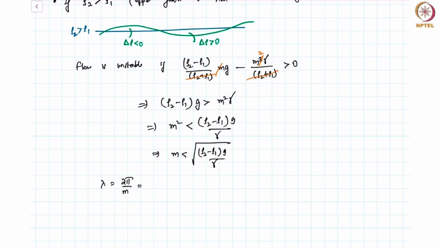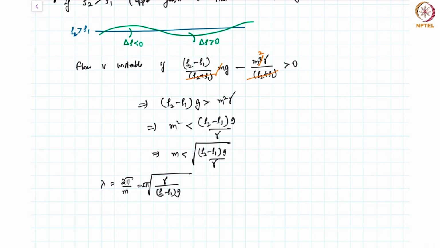So this is gamma by (rho 2 minus rho 1) into G, into 2 pi. This is what I have, right?